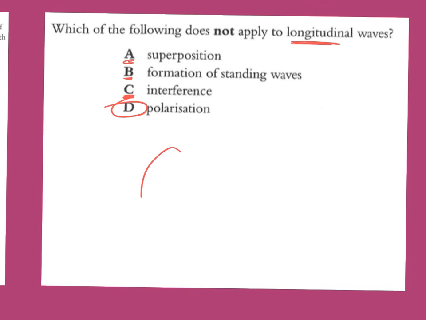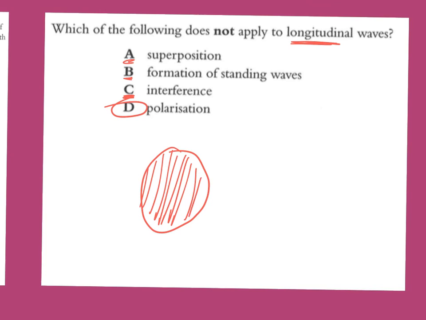And of course, the reason is that when you have a polarizing lens, it polarizes vertically or horizontally or whatever other direction, but the particles in a longitudinal wave are moving to the left and right. And so they're all just going to be able to go straight through there. Nothing's going to be absorbed because there is no up and down, right?